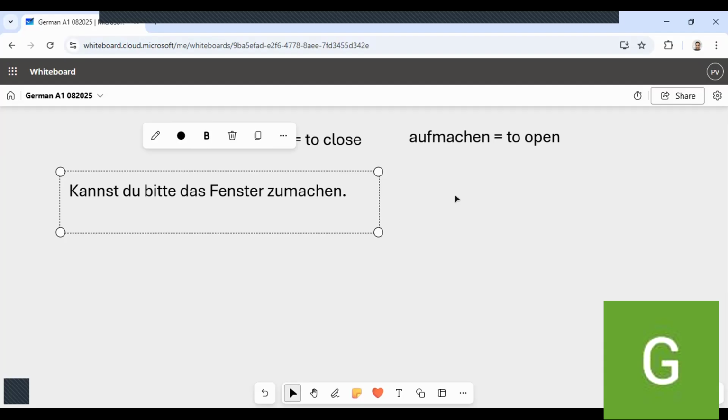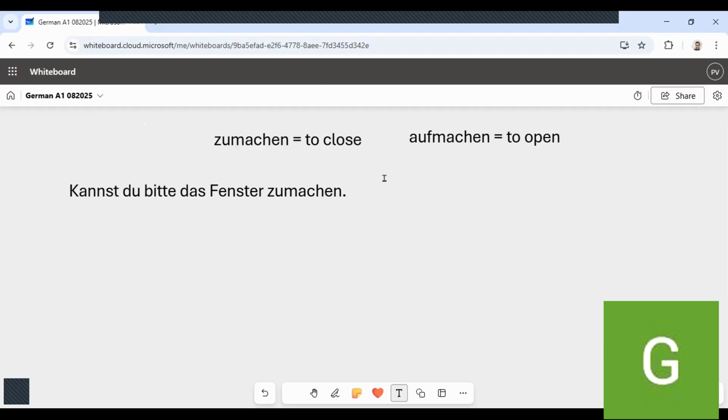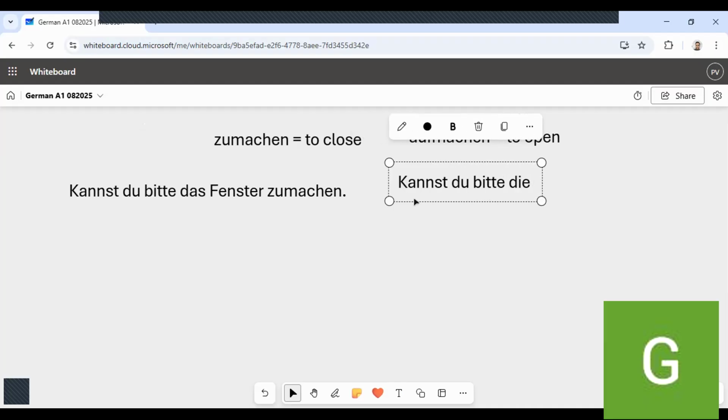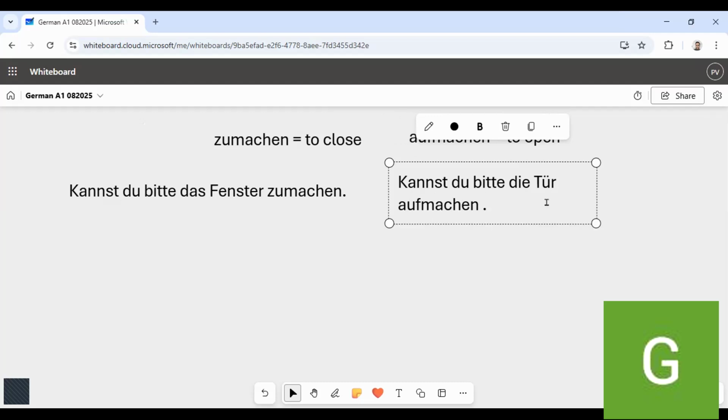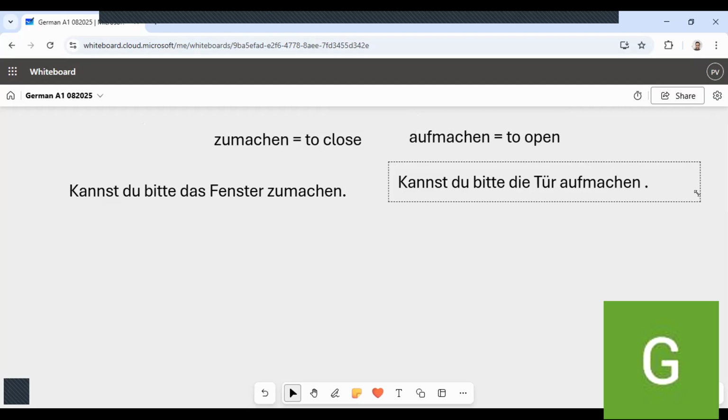Suppose you want to say, can you please open the door? Then you will say, kannst du die Tür aufmachen? Okay. This is the sentence you can make with the help of aufmachen. Can you please make some sentences with zumachen?